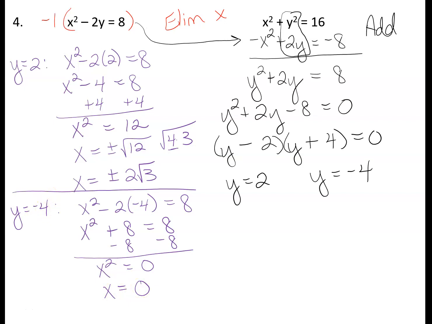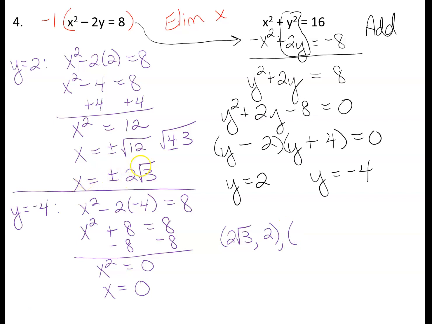So let's see what all of our solutions are. First, I have x equals plus or minus 2 square root of 3. So I'm going to start with the positive 2 square root of 3. And that came from y equals 2, so 2 is the y value there.